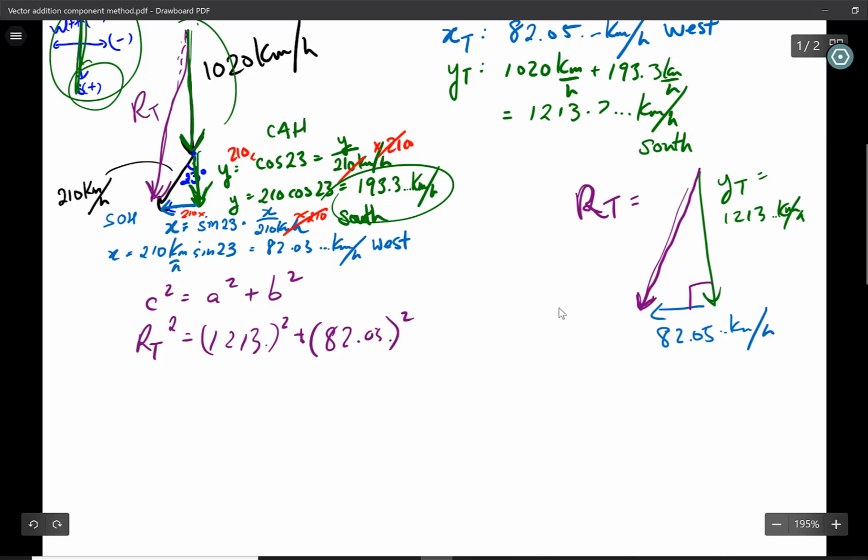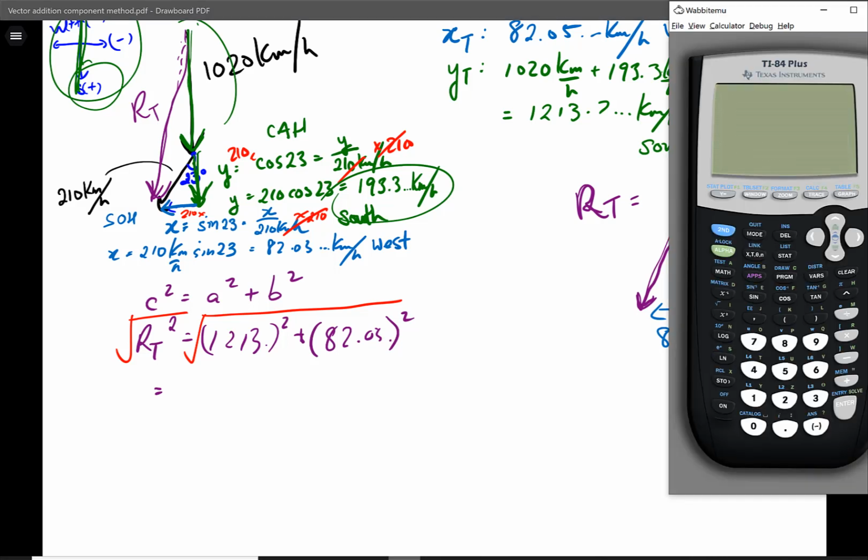I have them saved on my calculator, so I don't need to worry about rewriting everything, but just to make sure we're always using all the digits in our numbers, let's turn my calculator on. I have them saved as alpha x and alpha y, so let me double check I have all the right numbers. Okay, so these are the numbers I want. So I do alpha x squared plus alpha y squared, and that gets my answer. I take the square root of it.